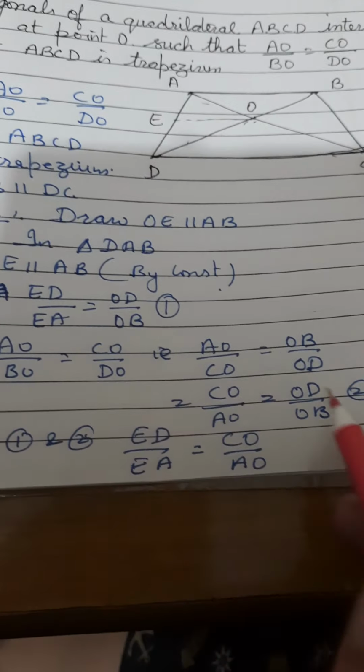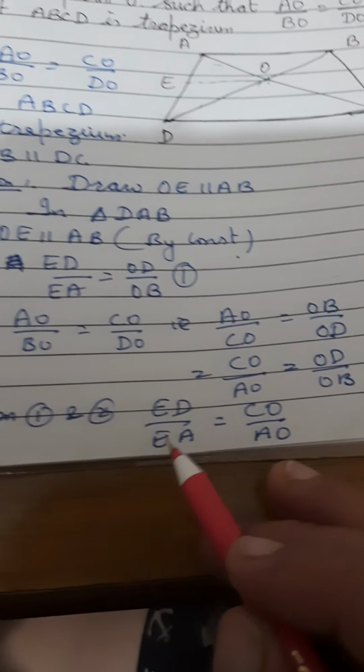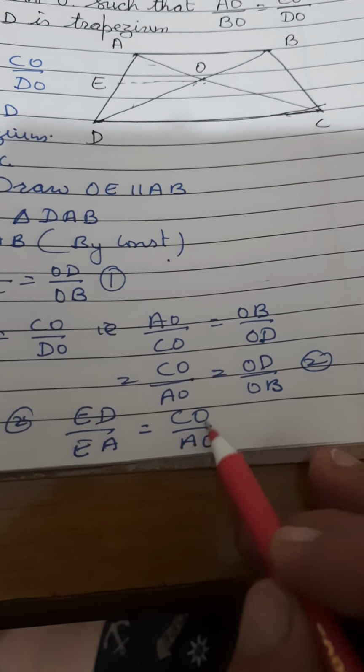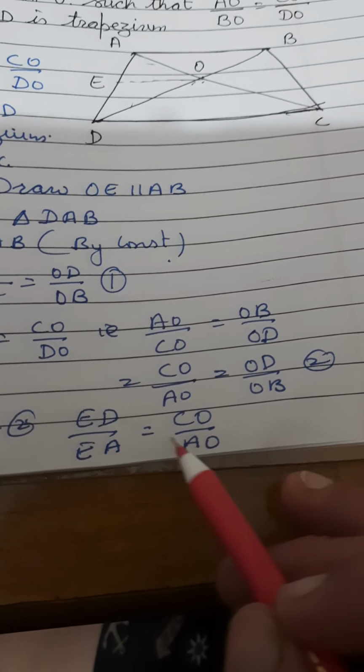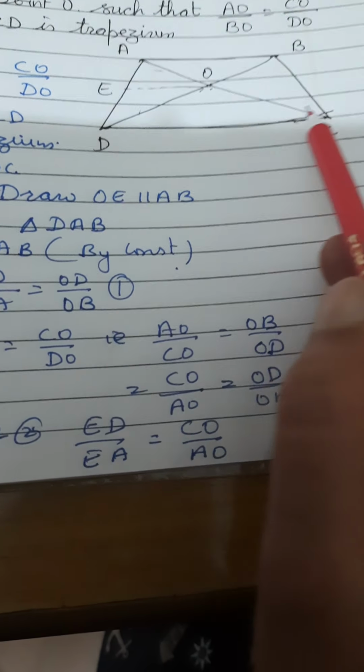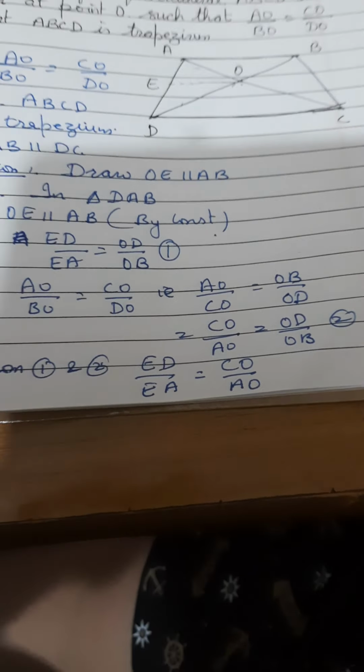When we equate these two equations, from here we get ED by EA is equal to CO by AO.